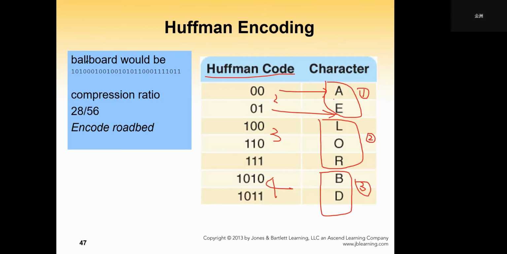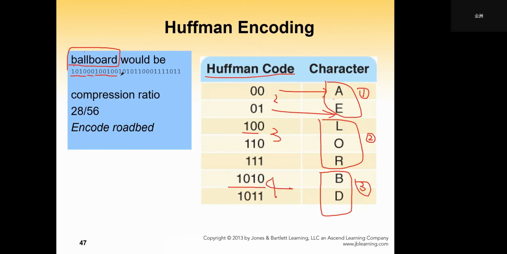So when we do this Huffman encoding definition, we can check the table and write down what this is supposed to be. B is here, like 1010, so we can write it here, and A is supposed to be 00, and we can find it here. And L is supposed to be 100, and 100 repeated.